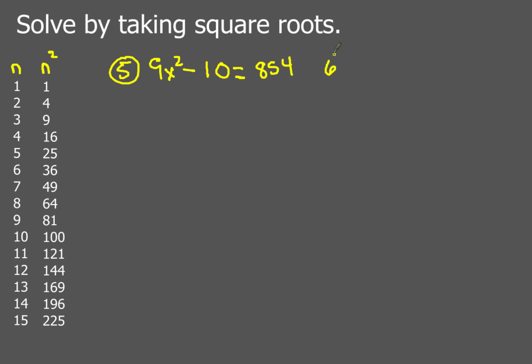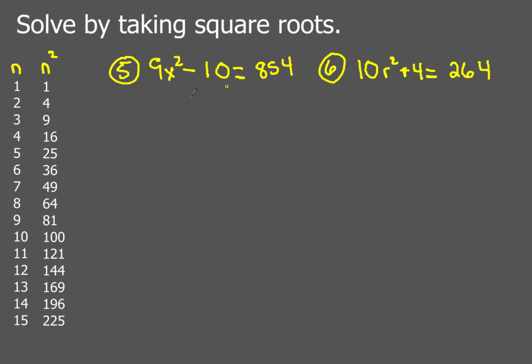And then the last example is going to be 10r squared minus 4, equals, actually we're going to make it plus 4, equals 264. Now I think some of you might know how to do these on your own, so if you do, go ahead and hit pause, work them out, and then come back and see if you got them correct.